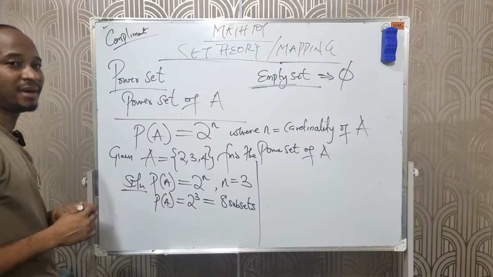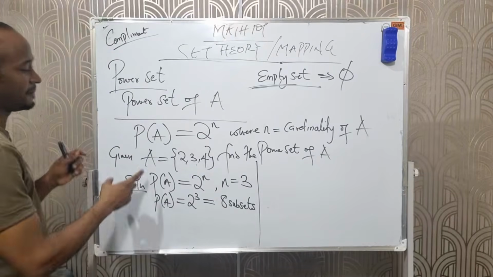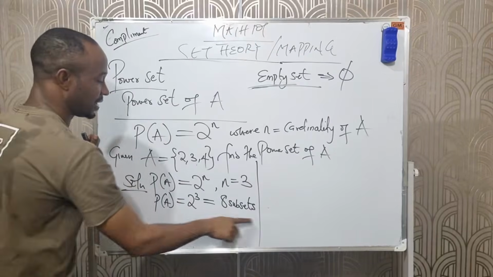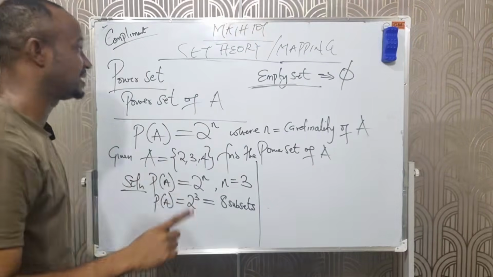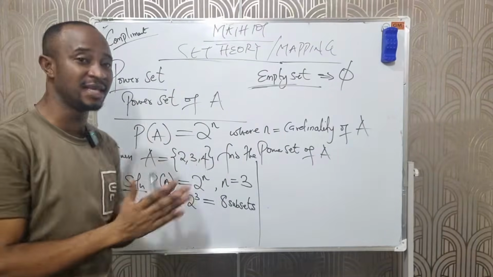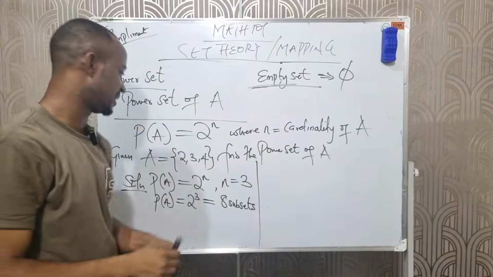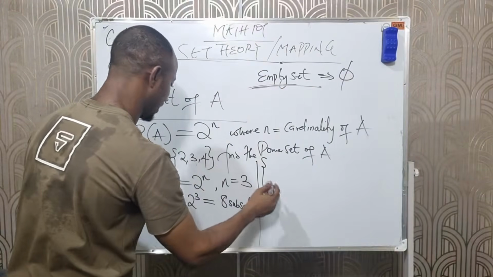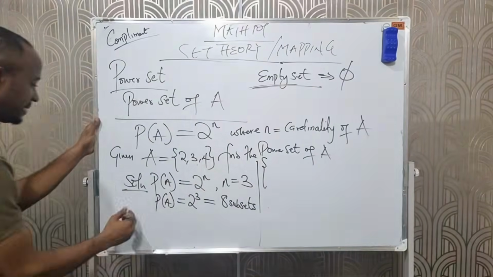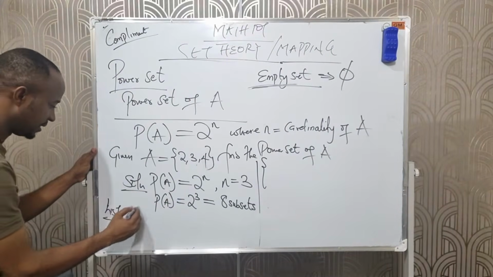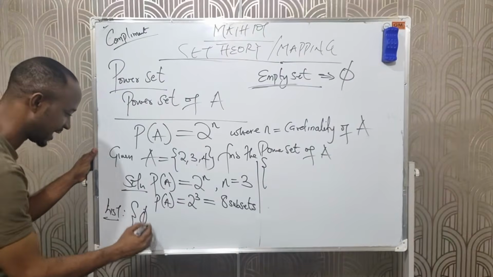Now what we do is list out all the subsets of A. The number of subsets possible in A is 8, but don't forget that the first subset of any given set is an empty set. So to list them out, the first is an empty set.